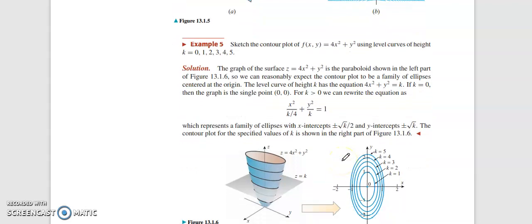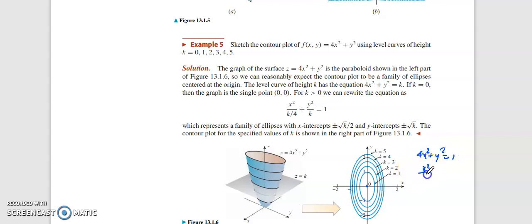So we get an ellipse. When z is equal to 0, k is equal to 0, so we will get 4x square plus y square equal to 0, and that happens only at the point 0, 0. Corresponding to k equal to 0, you will get the origin. Then for k equal to 1, you will get 4x square plus y square equal to 1.